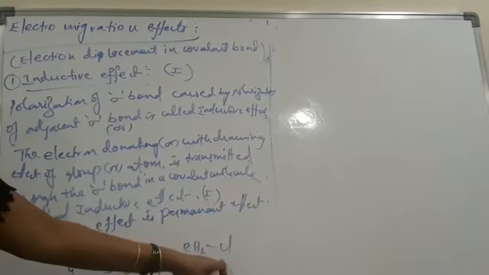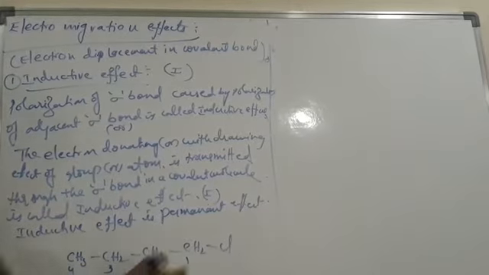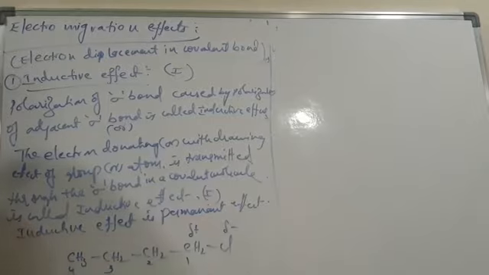Here chlorine is a highly electronegative element, so a partial negative charge is present on chlorine and a partial positive charge on the carbon atom.